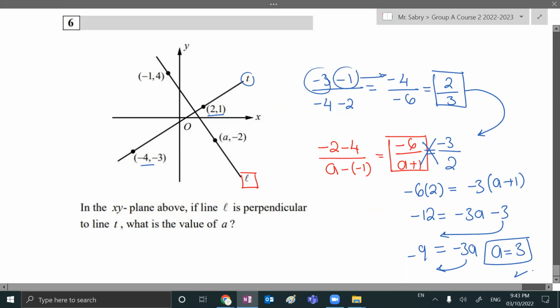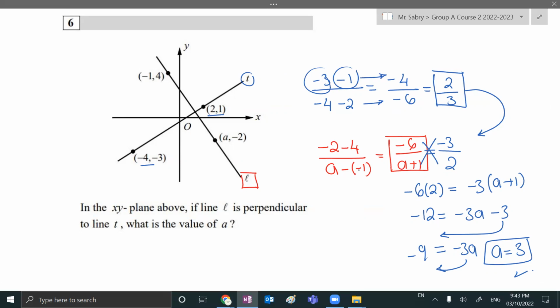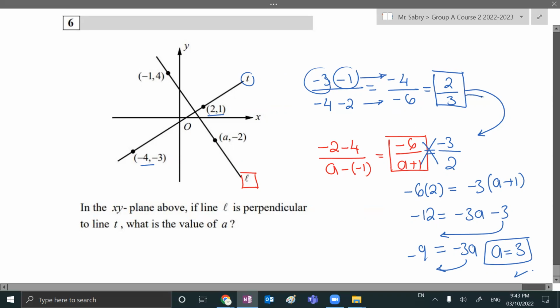I calculated them, yes. That's why I used a separate color for each part, just to help you understand. First, the blue one, I simplified until the last step when I got 2 over 3. And the red one, I also simplified until I got negative 6 over a plus 1. There's nothing more I can do. Then I started using the perpendicular part: I took this slope, switched it, changed the sign, and then made them equal. Now this is the first equation we actually solve. Understood?